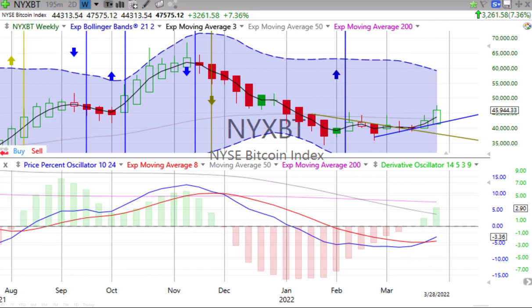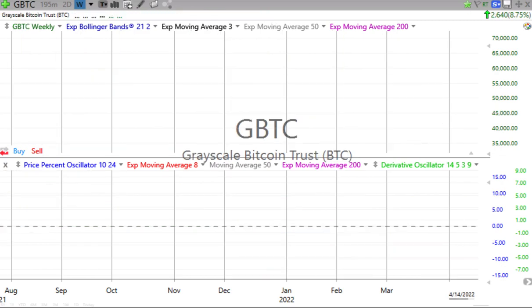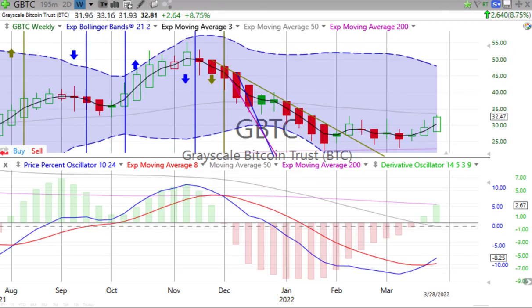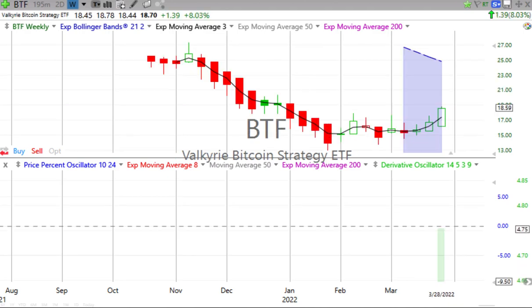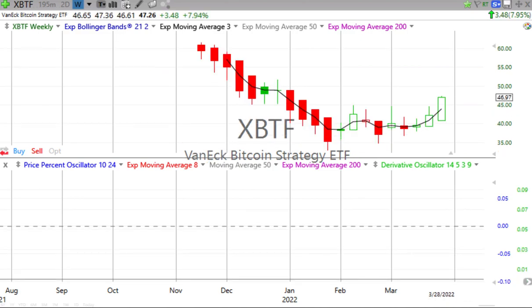Up for the day, depending on where we go for charting, we can go to the Grayscale Bitcoin up 8.75%. If we look at the various Bitcoin futures, BITO up 7.84, BTF up 8.03, and XBTF up 7.95.